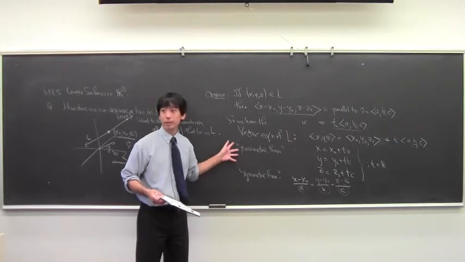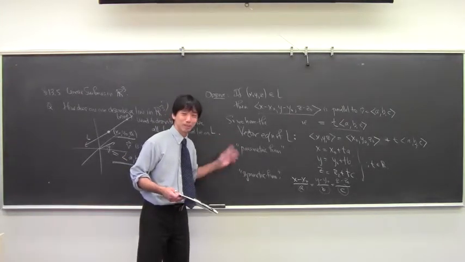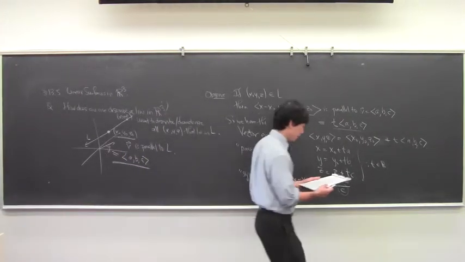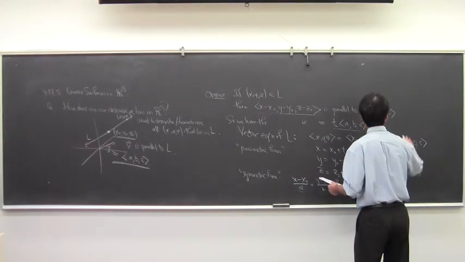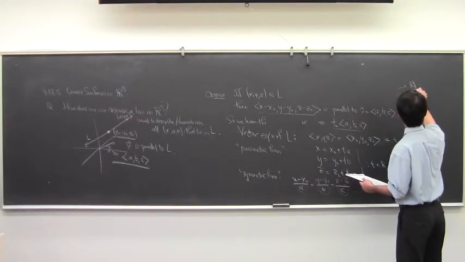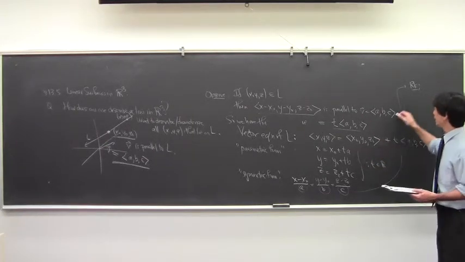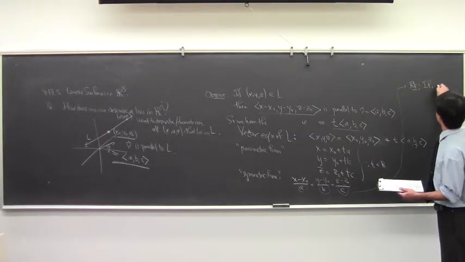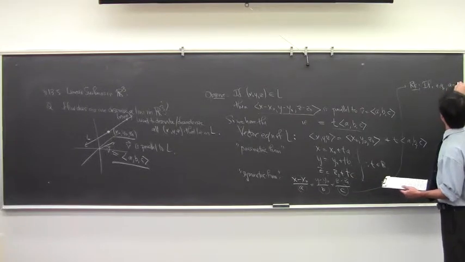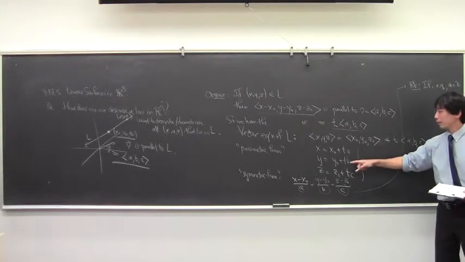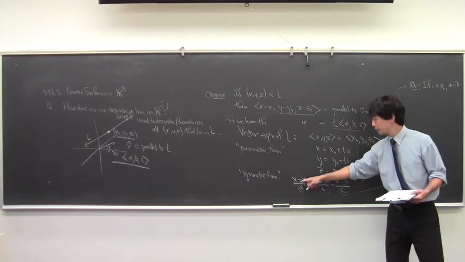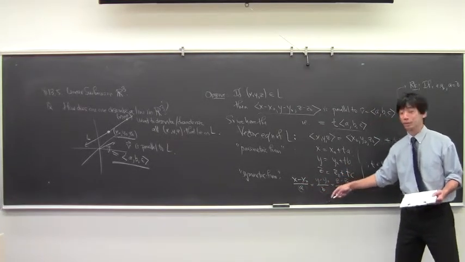So there are these three ways of describing lines. Not particularly exciting. One comment about the symmetric form: if, for example, a equals 0, then it doesn't make sense to write x minus x naught over a, right? Because you'd have a 0 there.